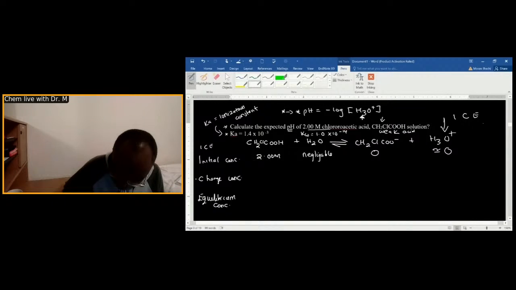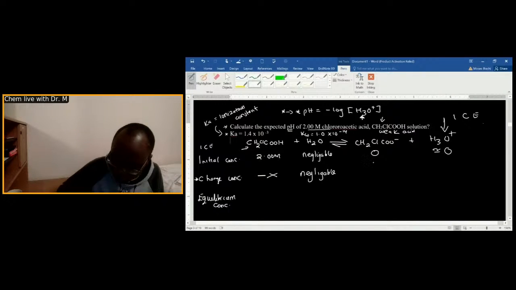As the reaction goes on, let's say halfway through, there's going to be a change in concentration. The concentration of chloroacetic acid will reduce. That's why I'm using a negative. We reduce by an unknown amount X. Water does not easily ionize, so its change in concentration will be negligible.